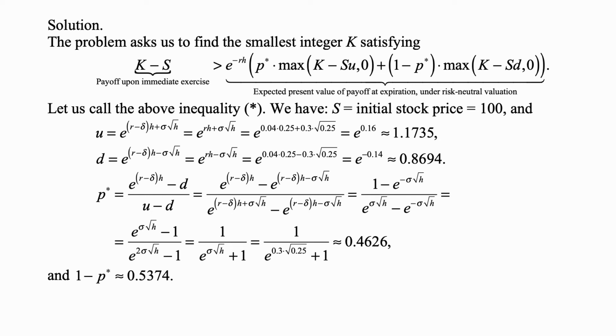So the top is like a minus b, and the bottom is a squared minus b squared. And a squared minus b squared is equal to a plus b times a minus b. I call this the Chechnya formula. You better memorize it. So this ends up being 1 over e to the sigma square root of h plus 1. And we plug in the numbers, and that's approximately 0.4626, and 1 minus that is approximately 0.5374.